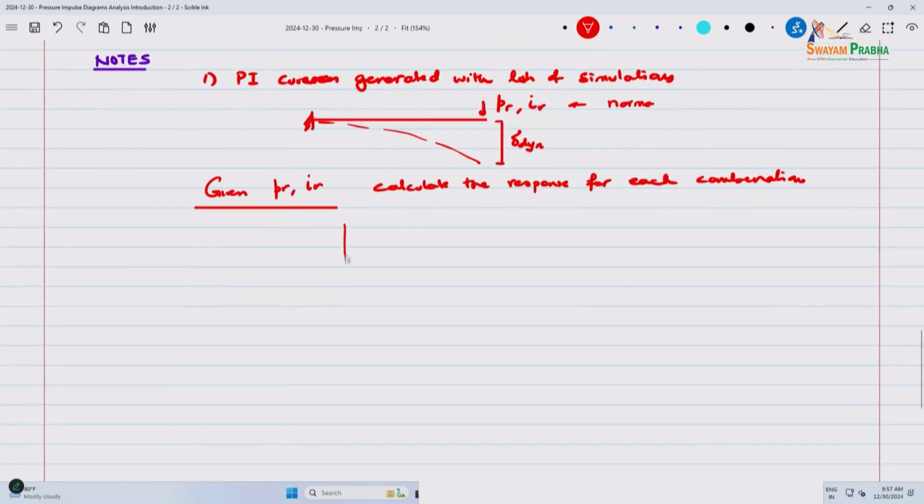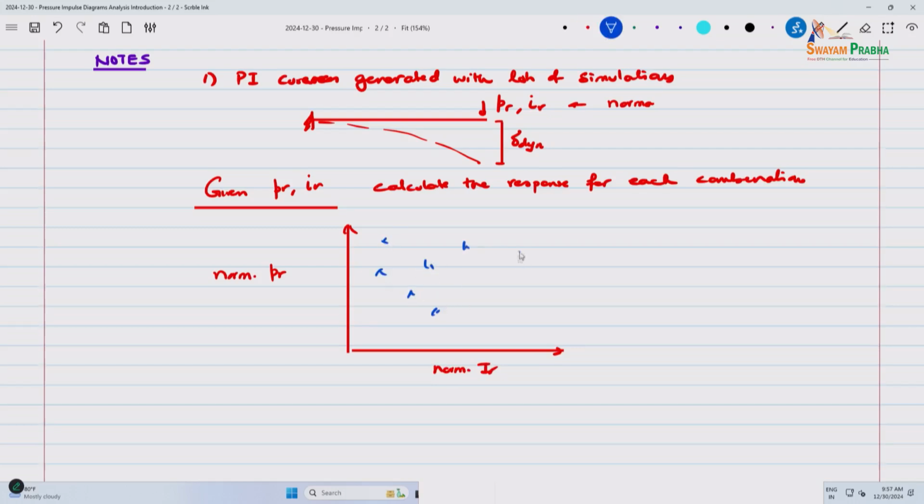And then you might have, let's say this is your normalized PR and this is your normalized IR, and you'll have a bunch of points all over the place. That's why you have to really calculate hundreds of simulations, if not more, of combinations. Especially with finite elements.